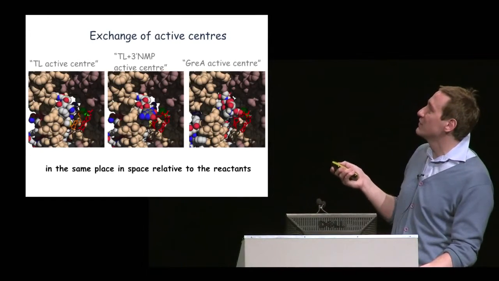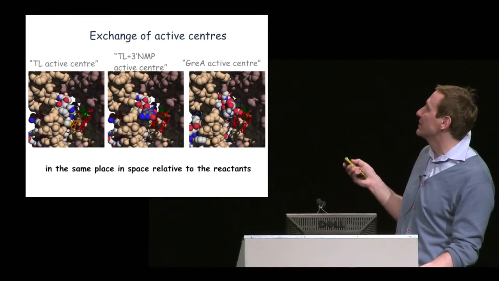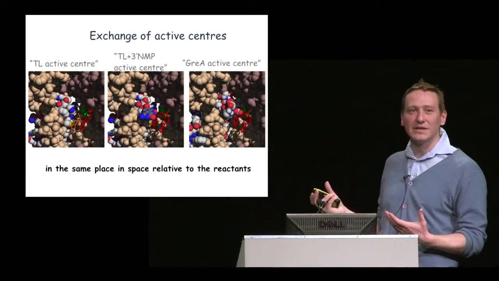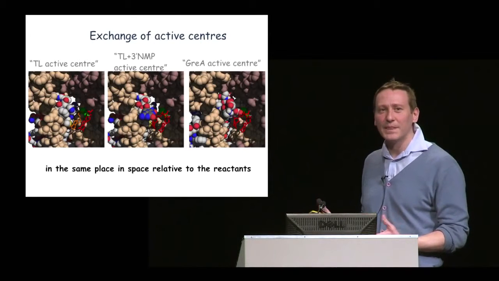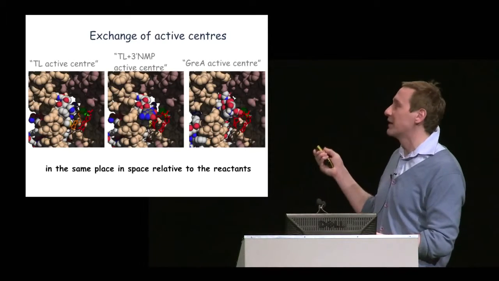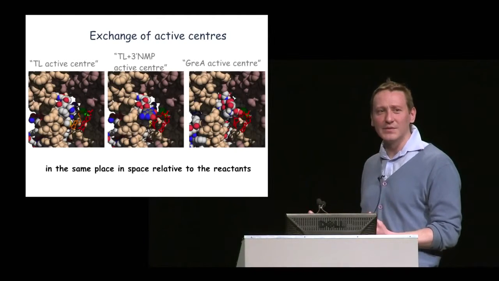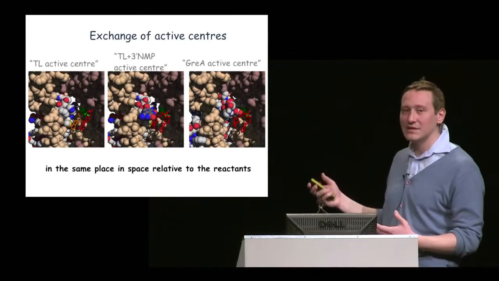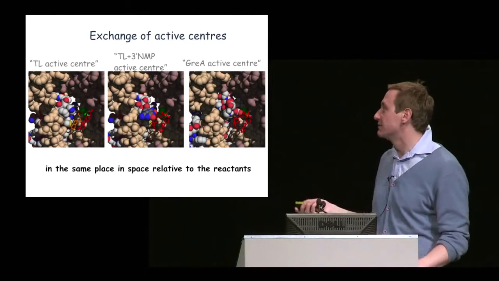So GreA substitutes for the trigger loop in the active site, and you can see the huge differences in the amino acid content in the active site. Because trigger loop and GreA have absolutely different catalytic activities, you can count it as an exchange of the active centers.